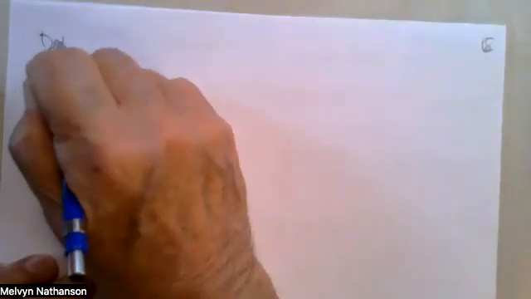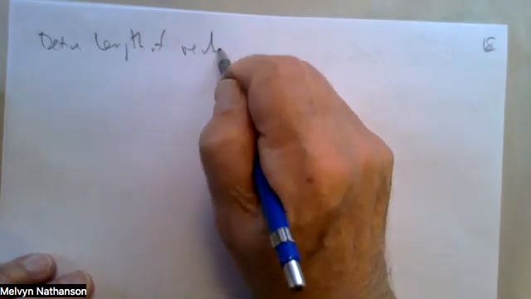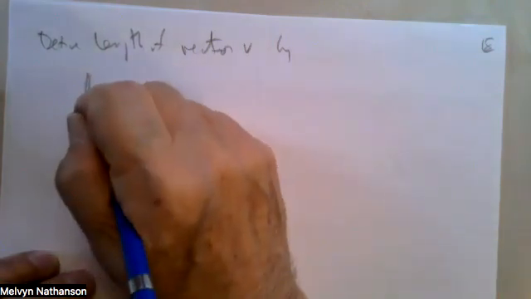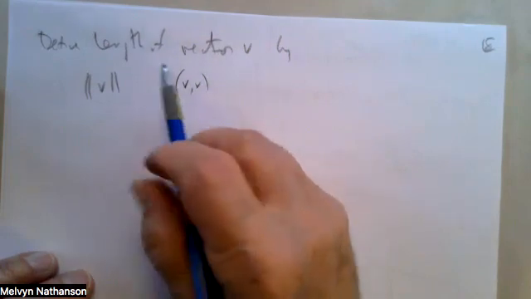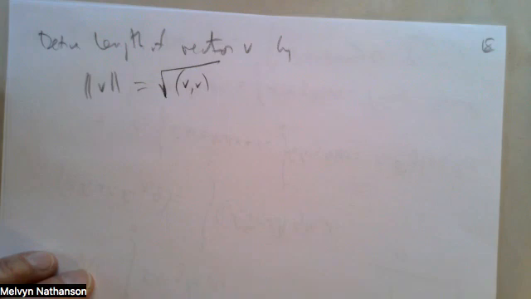Given an inner product, we define the length of a vector v by, sometimes I use double brackets, sometimes single bracket. That's the length of v. You take the inner product of v with itself, take the square root, and that's the length of v.